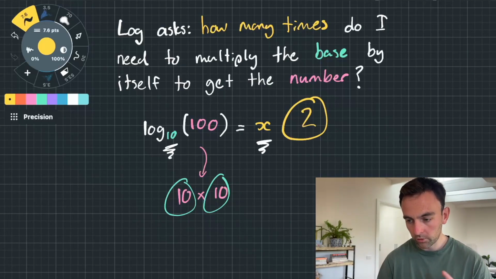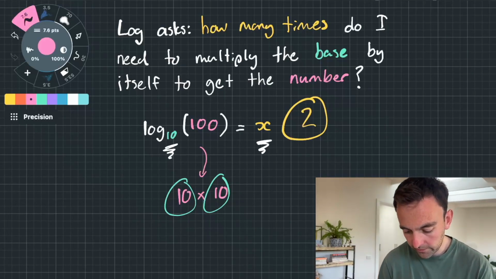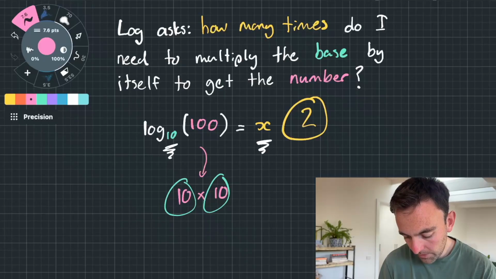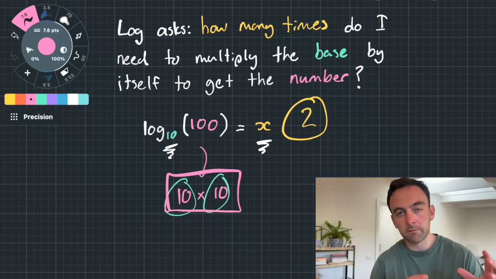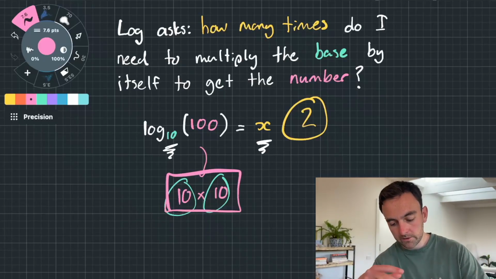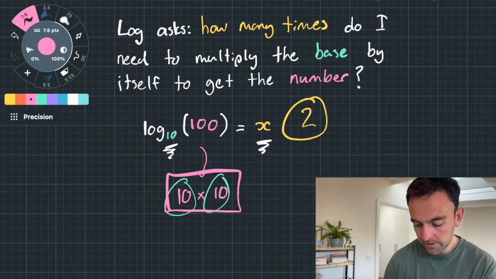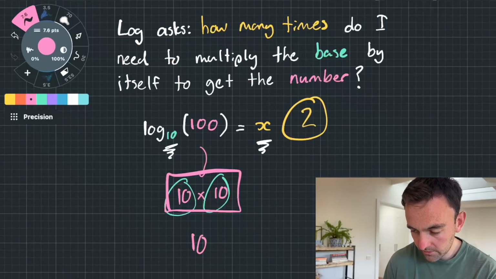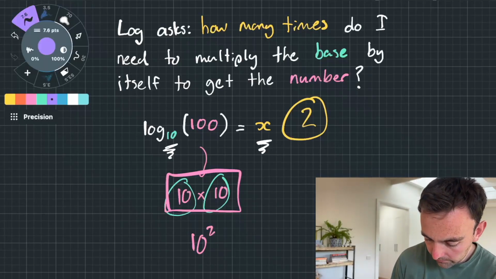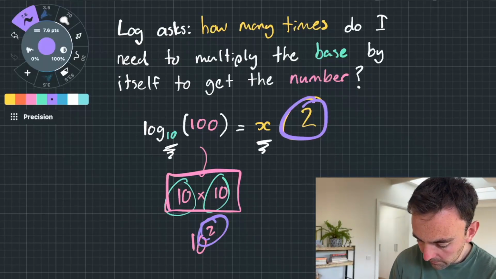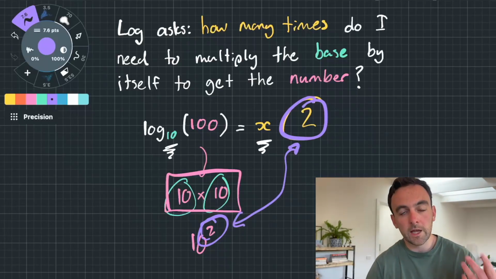Now, the cool thing about logs is really that what this part is saying, where I've broken that number into tens, all I've done is represent that number in terms of a power of the base. So 10 by 10 is actually the same as 10 to the 2, and then you might notice that this 2 is the same as our answer. And that works for every logarithm.